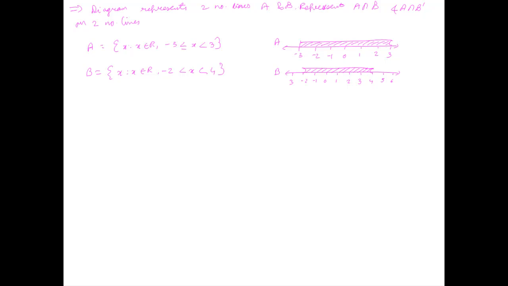Now, children, the question says A intersection B. A intersection B, children, will be x such that x belongs to real numbers. Since both are real numbers, will also be real numbers, children. Intersection will be from -2, not included here, and included here, so will be not included. It's -2, not included, till 3, not included over here, included over here. So till 3. So that's x till 3. The number line for this, children, can be drawn.